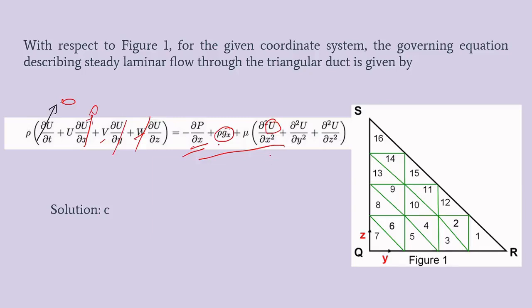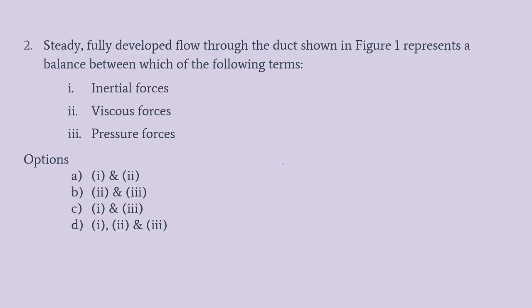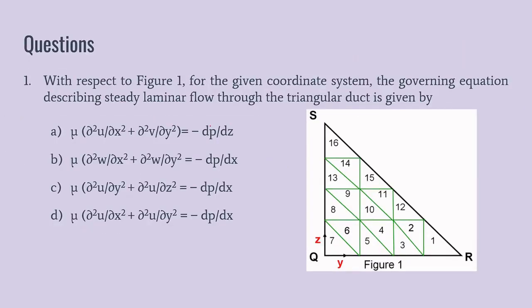So the dou u by dou x term won't exist. What we are essentially left with is dou square u by dou y square plus dou square u by dou z square is equal to dou p by dou x. So our answer becomes this one, option number C.